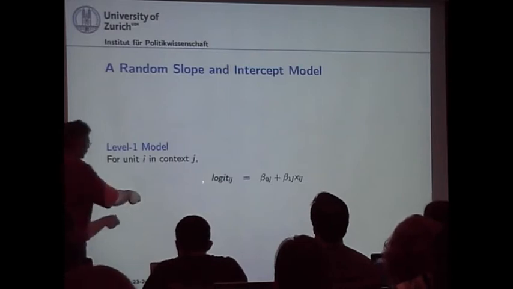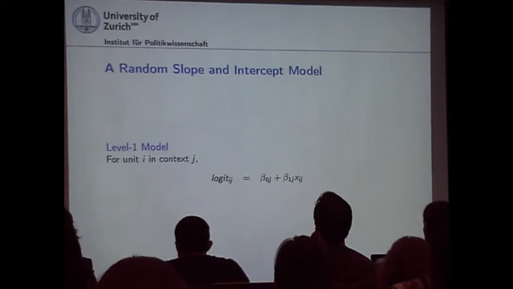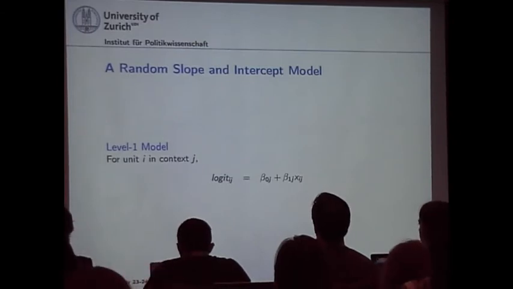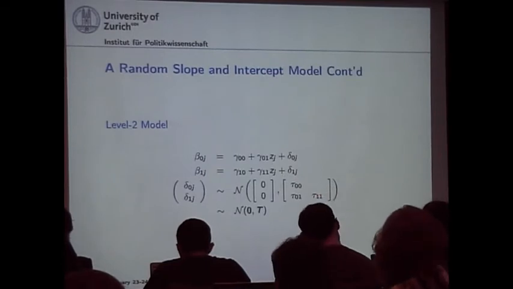This part is different. We specify a logit now, and that was y in the hierarchical linear model. But this part, the level 2 model, is the same.